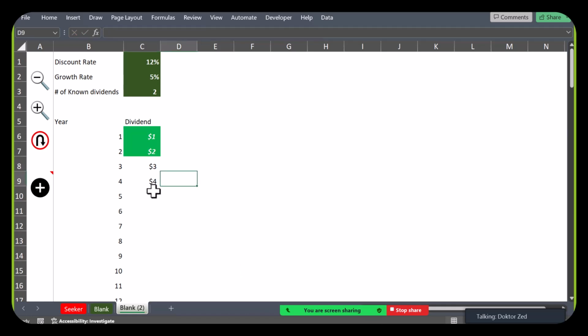And let's do R4. And here I'm going to get the first dividend of the late period.